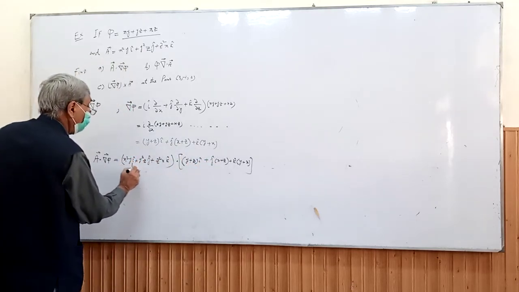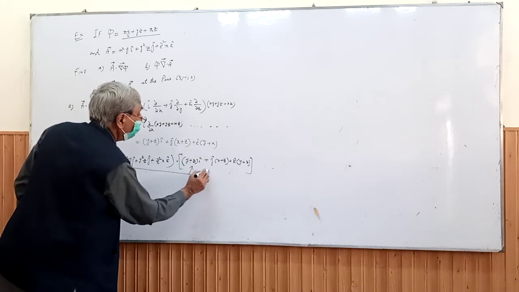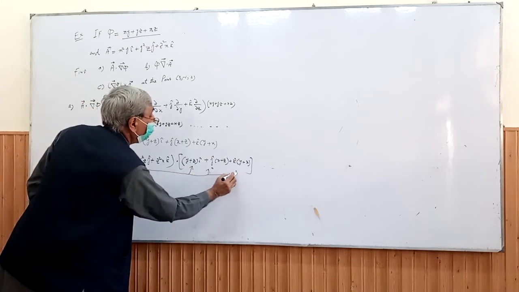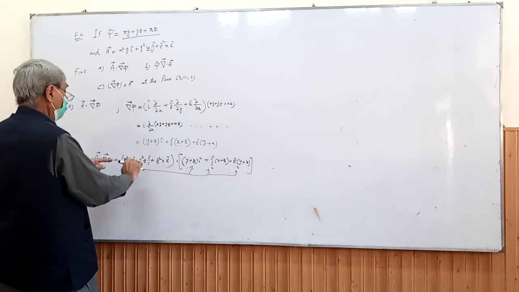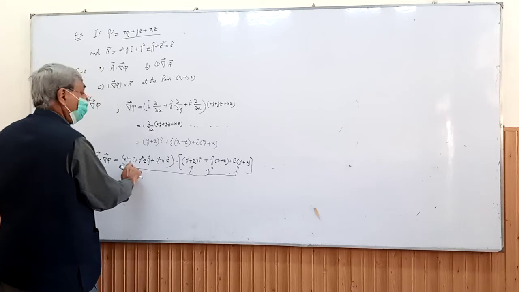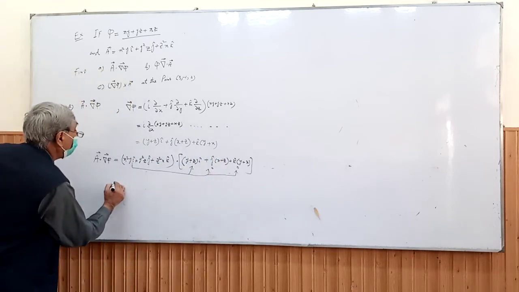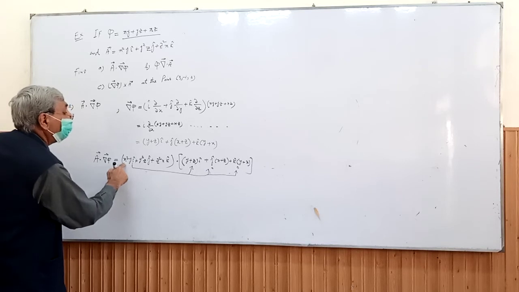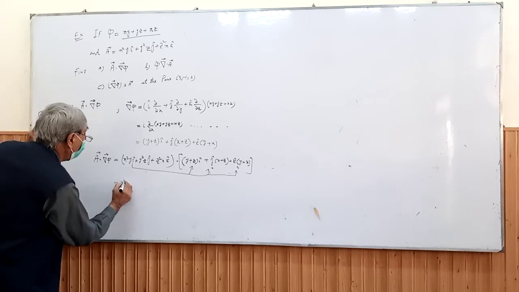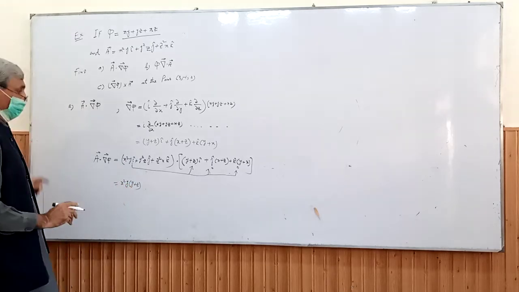So the first term gives the answer, but the other terms will give 0 as well, because i dot j is 0 and i dot k is 0. So I am writing x square y into (y plus z). That's it.